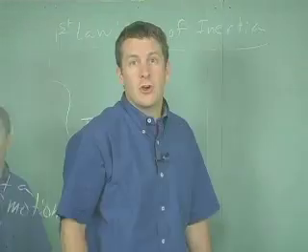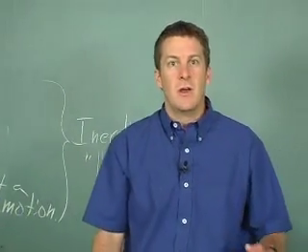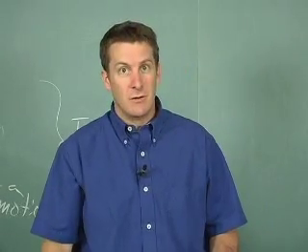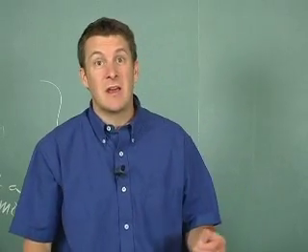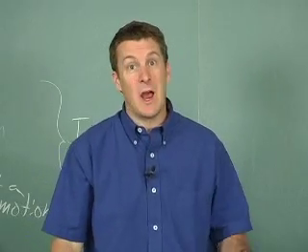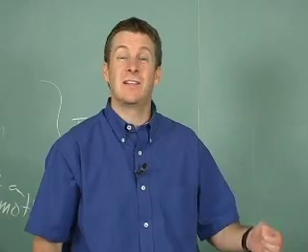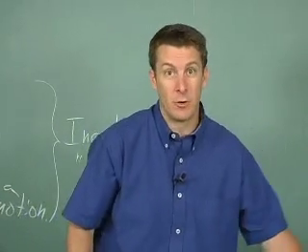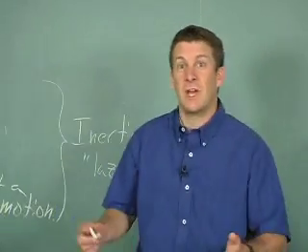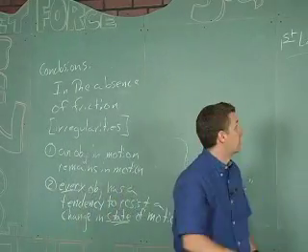Now the law of inertia states that an object in motion will stay in motion at a constant speed in a straight line, and an object at rest will stay at rest unless acted upon by an external force. Now that is the formal definition summarizing all of Galileo's conclusions.